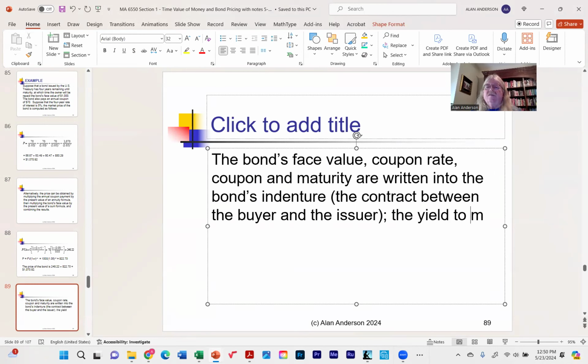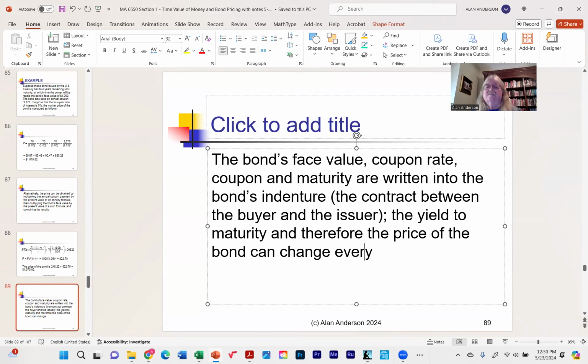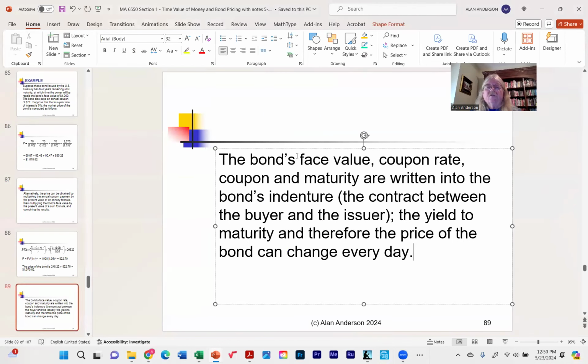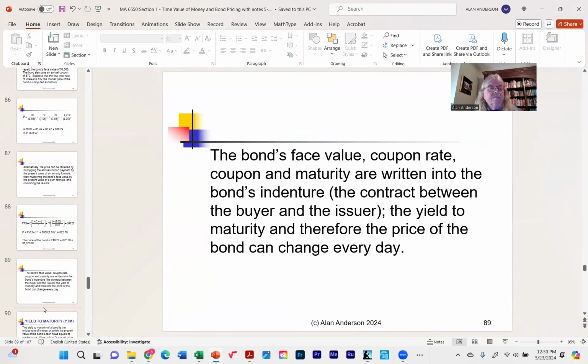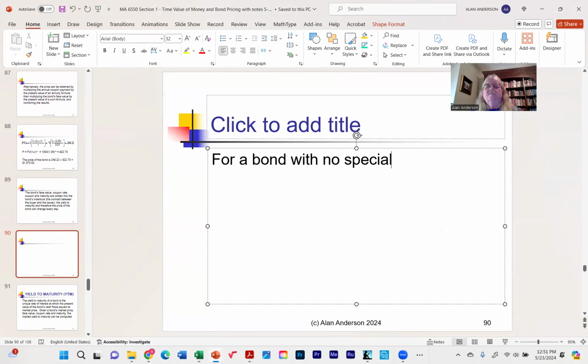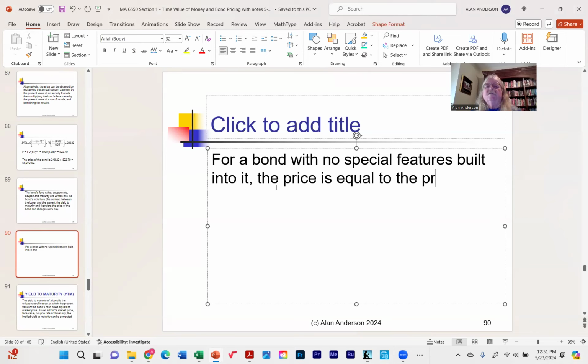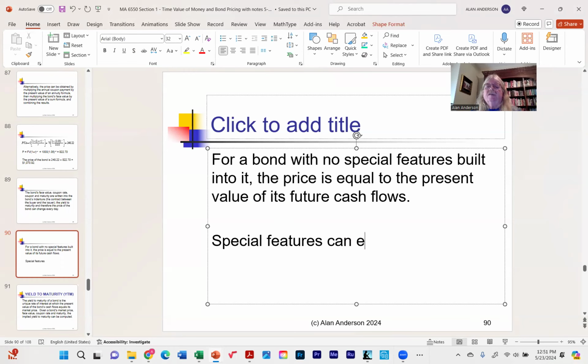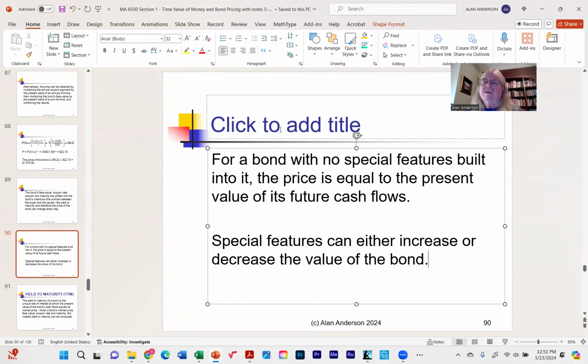The yield to maturity, and therefore the price of the bond, change every day. So for a bond with no special features built into it, price is equal to the present value of its future cash flows. Special features can either increase or decrease the value of the bond above and beyond the present value, that is.